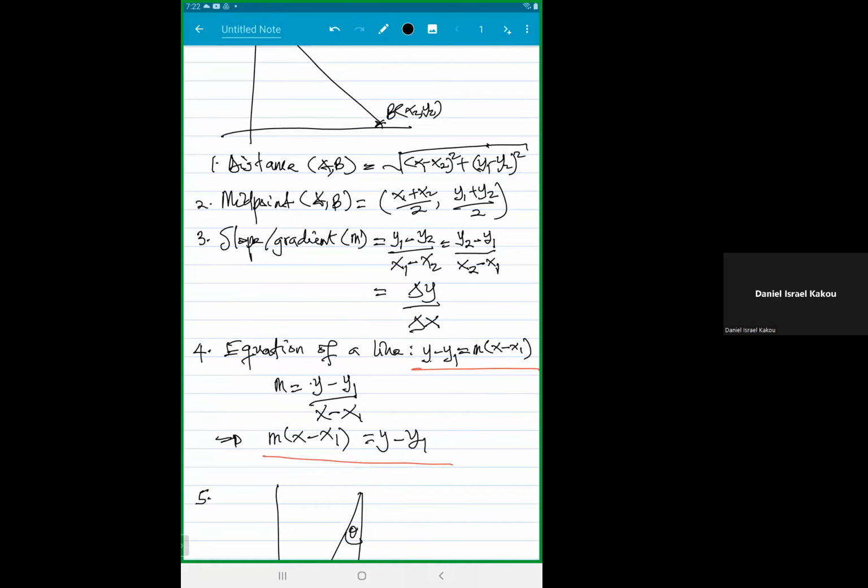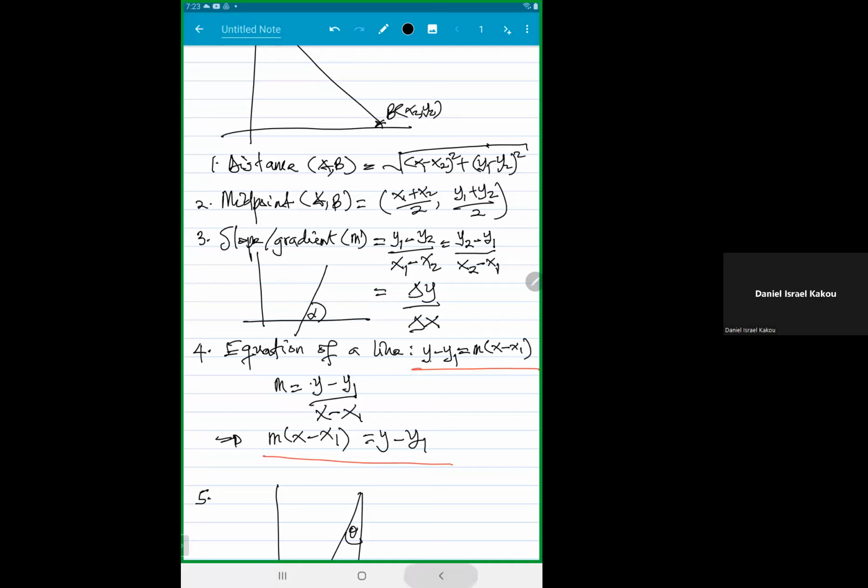As part of the formula for finding the slope or gradient of a line, we could also use that same line AB we were discussing. Assuming this is the line AB, and it has the angle alpha here.